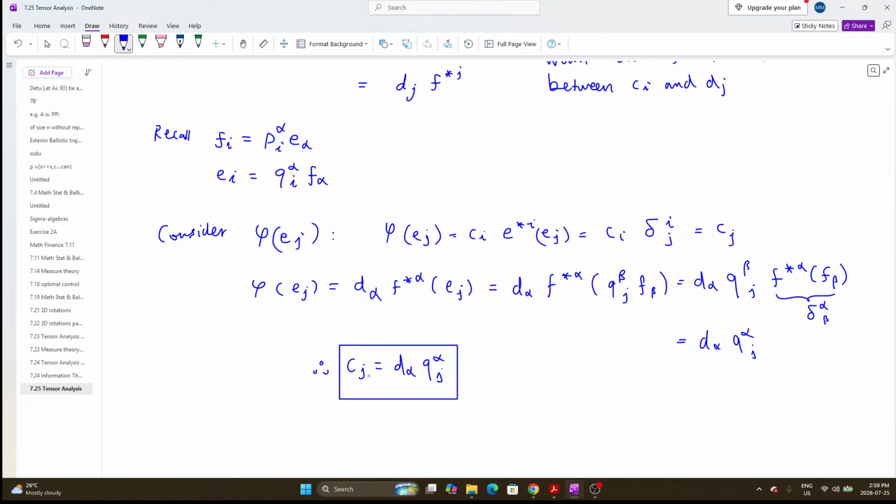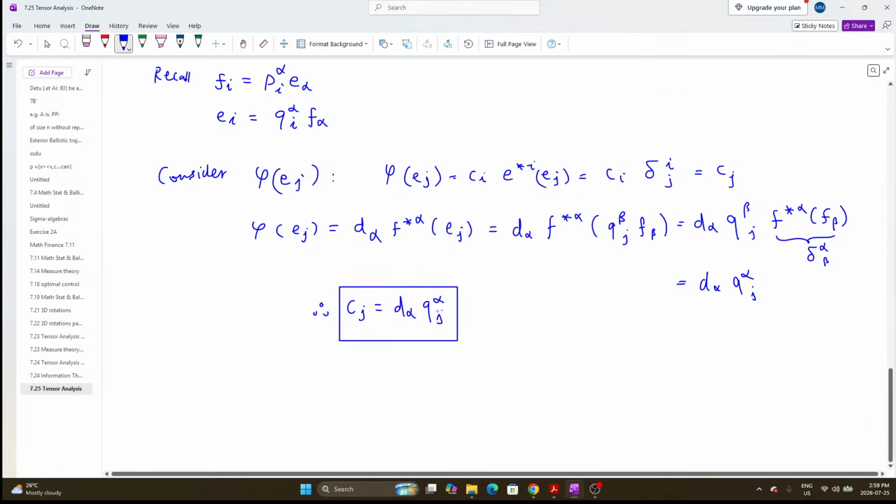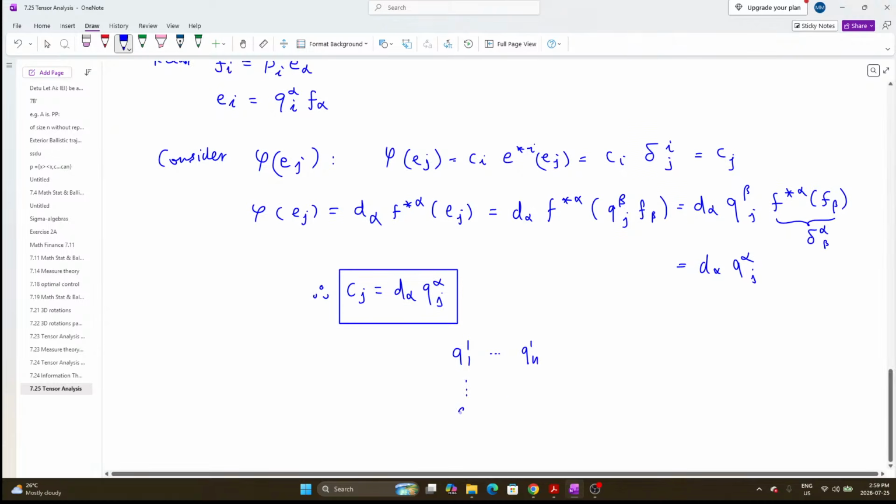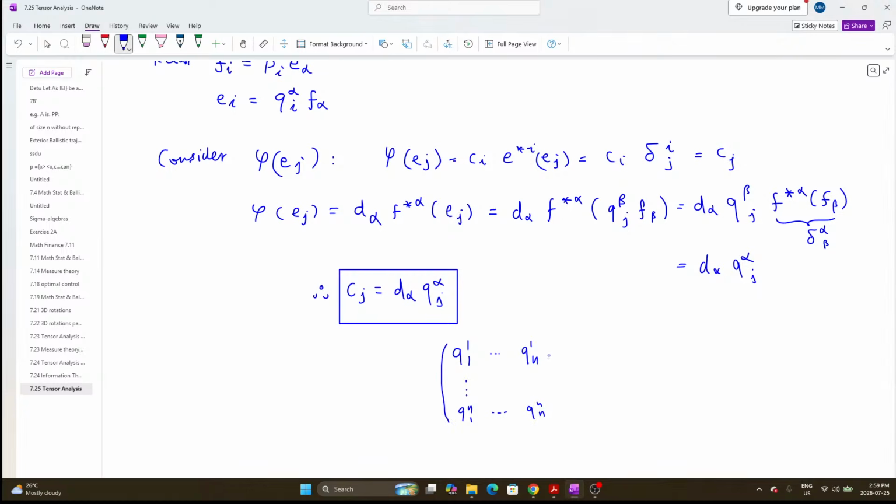Let's think about what this means in matrix form. First, let's write down the matrix Q: Q11 all the way to Q1n, going down to Qn1 all the way to Qnn. Which index is summed over? The row index is summed over. If you want to cast that into a matrix multiplication, you sum along each column, so you have to left multiply, because that's how matrix multiplication is defined.